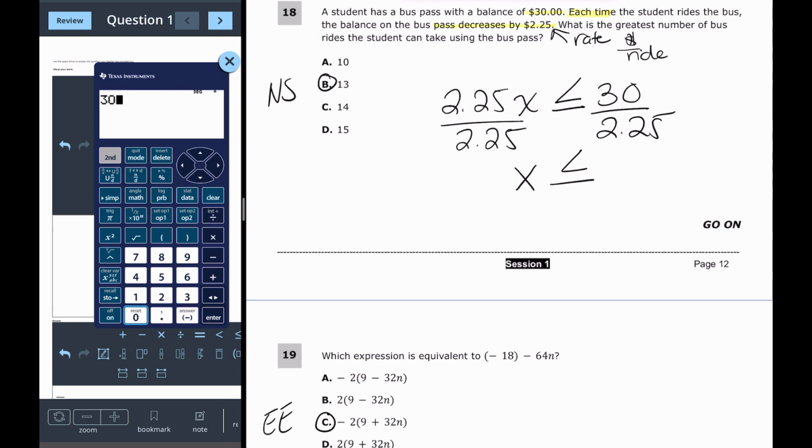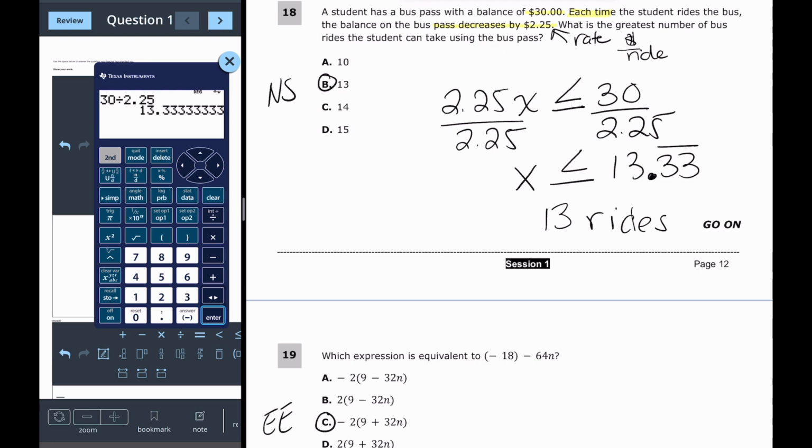Oops. 30 divided by 2.25 is equal to 13.3333. It just keeps repeating. So I can have exactly 13.3 rides, but in real life you can't take a decimal point of a ride. So at most I can do 13 rides. I can't do more than that, because if I do 14 rides, then I just don't have enough for my bus pass.